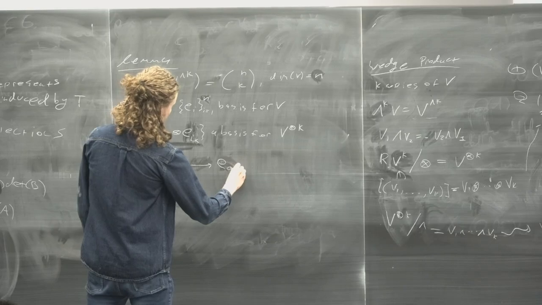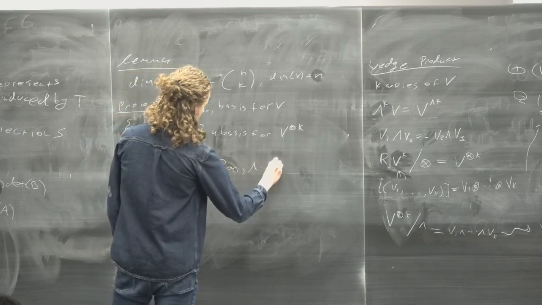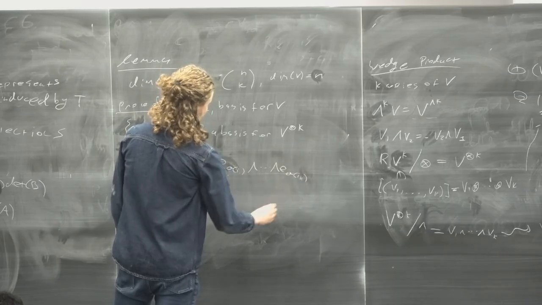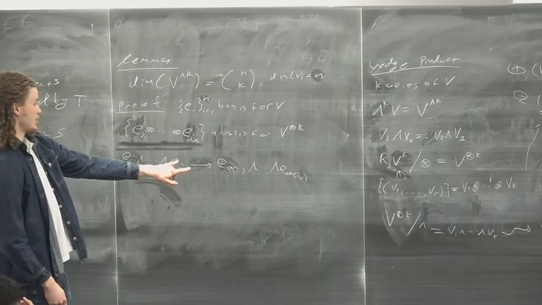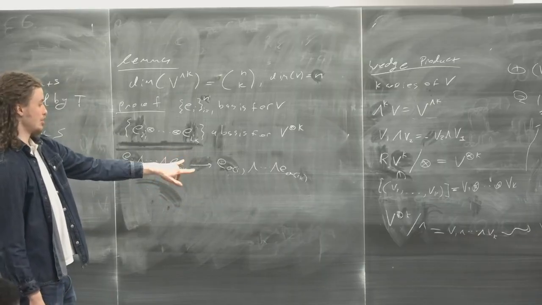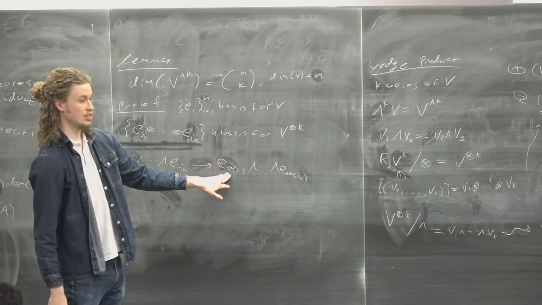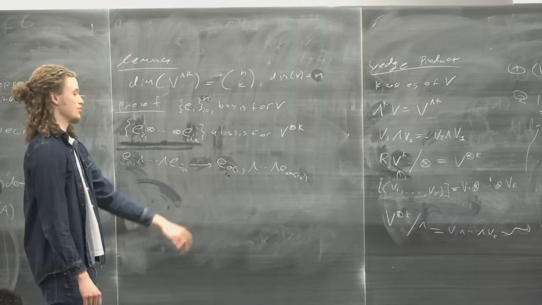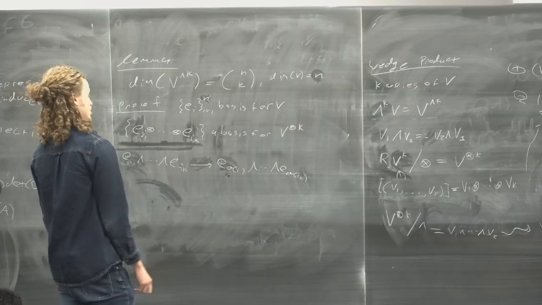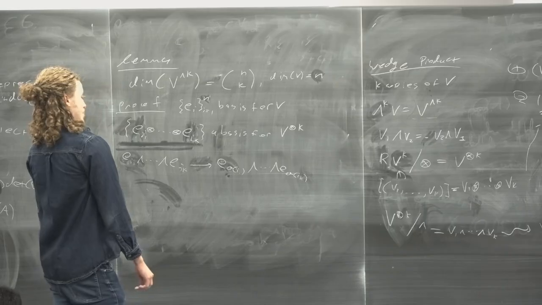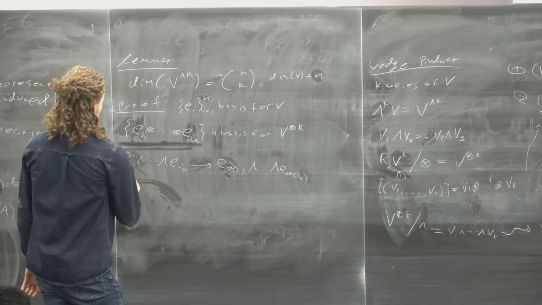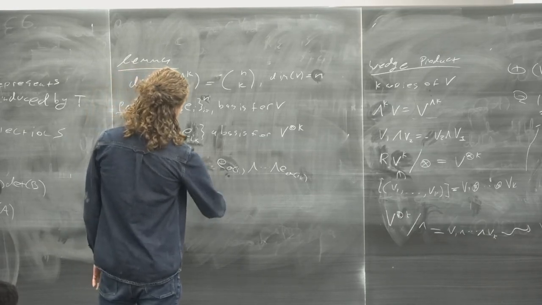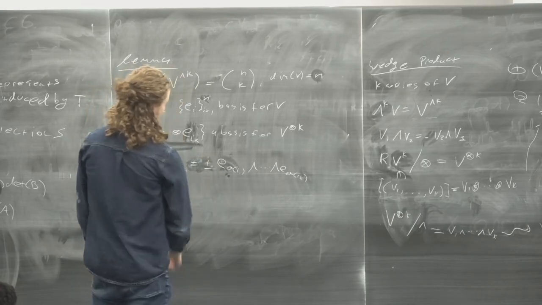This would be sigma i1 wedged up to sigma ik. Okay, but if I perform l many swaps to generate sigma, as I did over there, then I'll pick up a minus sign, which we showed is going to be either a minus or a plus. It can't be both. And so essentially what I'm saying is one of these is linearly dependent on the other. So this is going to be either plus or minus that one.